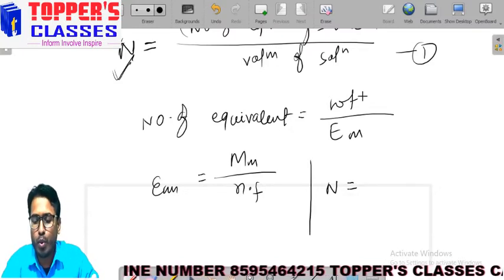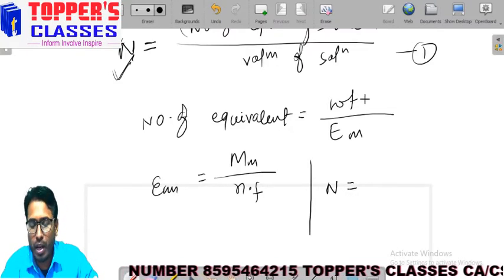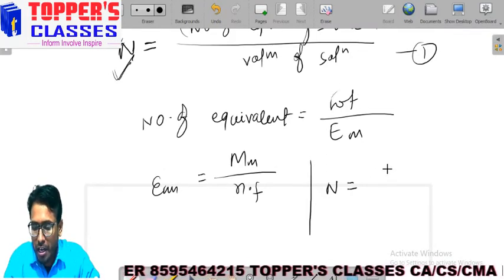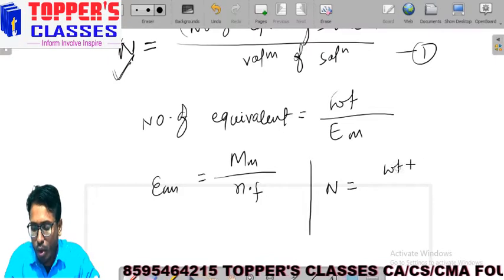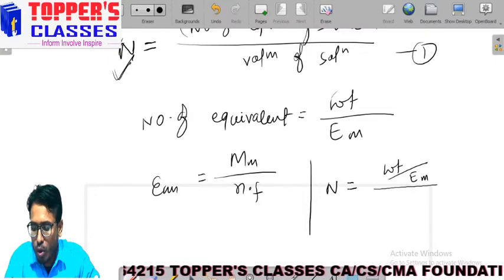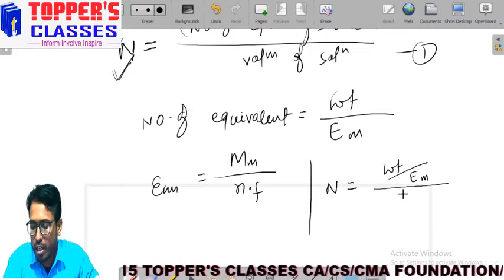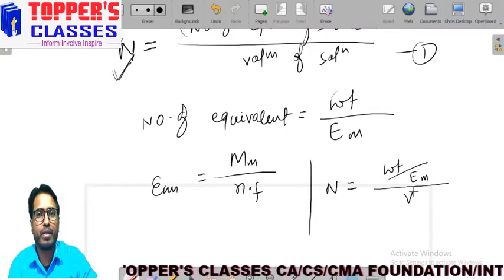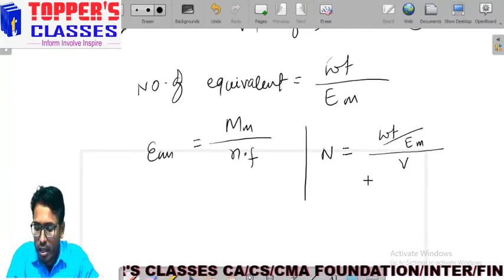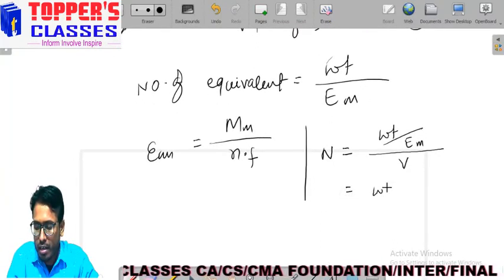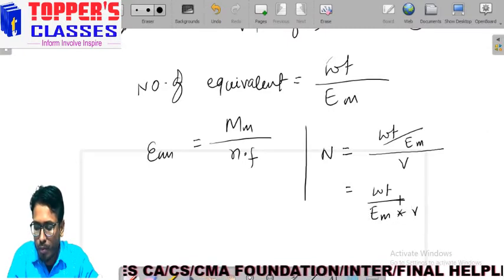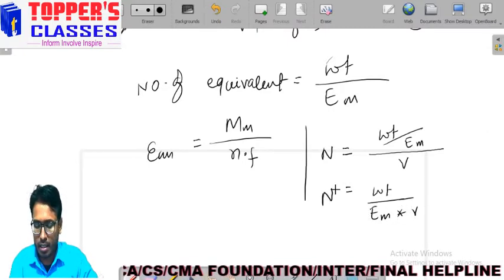Can we put in place of number of equivalents the weight by equivalent mass? So we can write weight of solute divided by equivalent mass, and we already have volume in the denominator, so I can put volume here. Now we can rearrange this as weight by equivalent mass into volume. So normality is this.